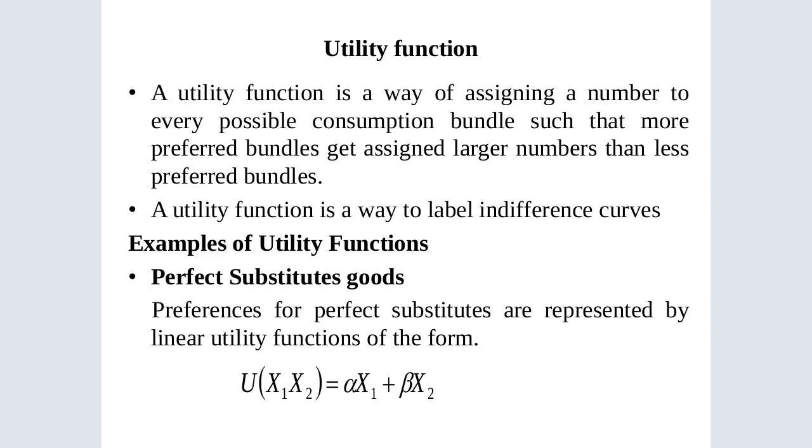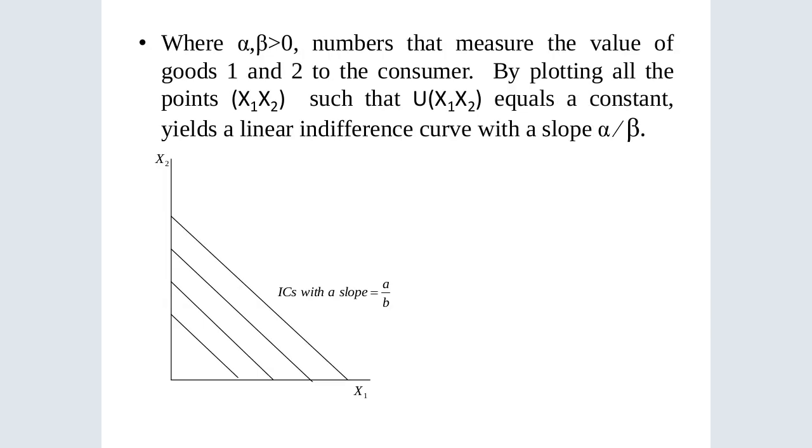So if we have a utility function, for example, which is a function of good 1 and good 2, illustrated as alpha x1 plus beta x2, you look at that function or equation, it's simply a linear equation. And if you draw it on a Cartesian plane, you will have a straight line. So alpha and beta are greater than 0, and they measure the value of goods 1 and 2 to the consumer.